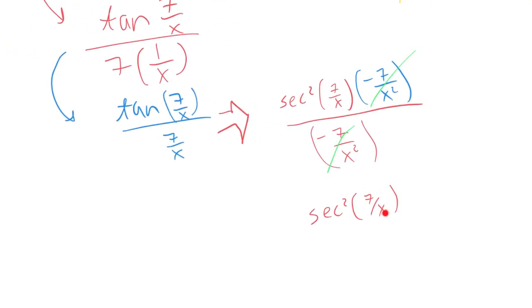So if we were to plug in infinity down here, if we were to do the limit this time, I should probably write that. Then this would be secant squared of 0. And secant squared of 0, let's just think about that. Secant squared of 0. It's really secant of 0 squared.